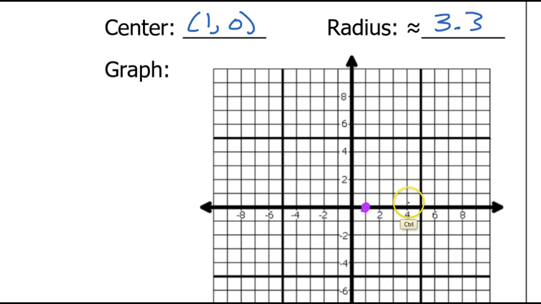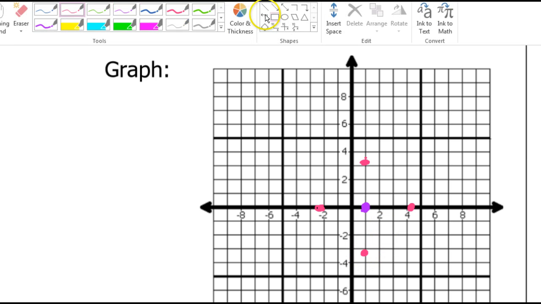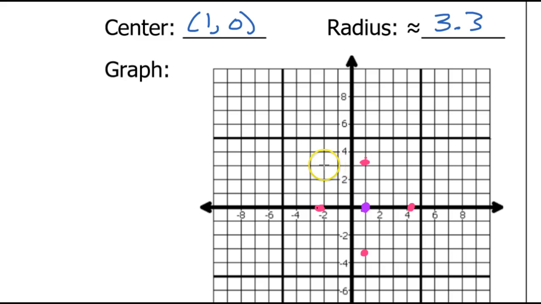If I go 3.3 to the right, that's about here. 3.3 up, 3.3 left, and 3.3 down. So now I can draw my circle. And that's how it's done.